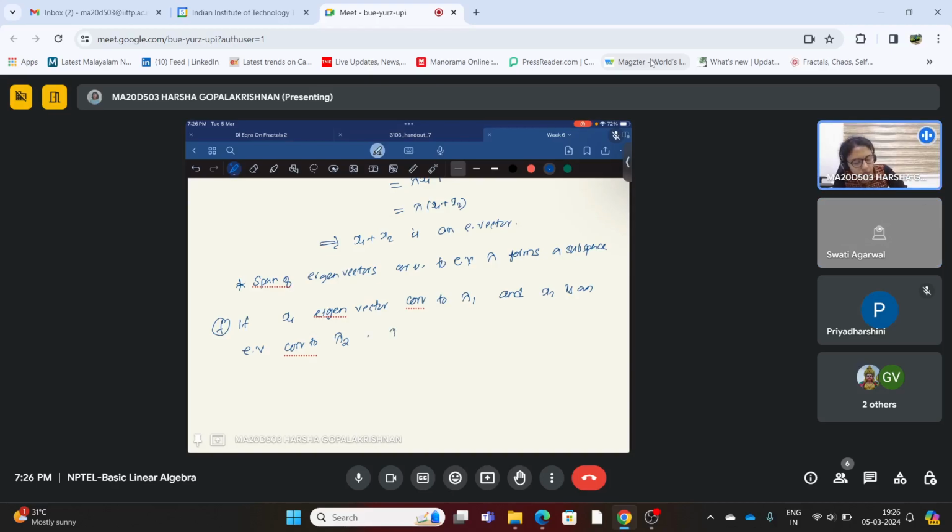Now the question is whether x1 plus x2 is an eigenvector. I am not saying it is an eigenvector corresponding to lambda 1 or lambda 2. It can be lambda 1, lambda 2, or some other lambda. So, is this true always?